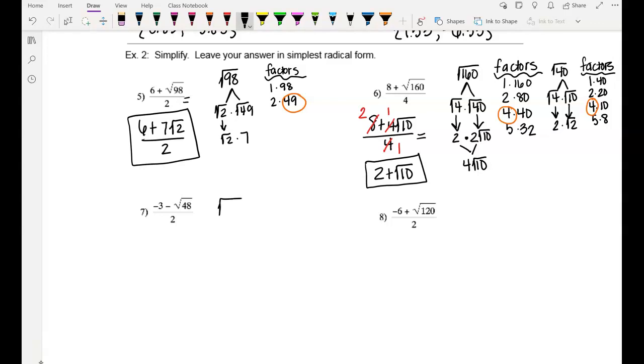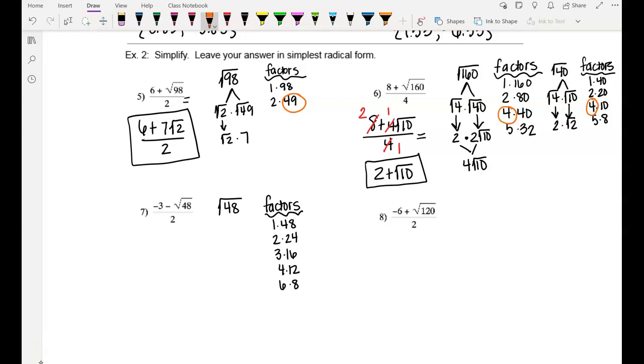Again, we need to simplify that square root of 48, seeing what perfect squares are there. 1 times 48, 2 times 24, 3 times 16, 4 times 12, 6 times 8. So again, this one has 2 perfect squares.